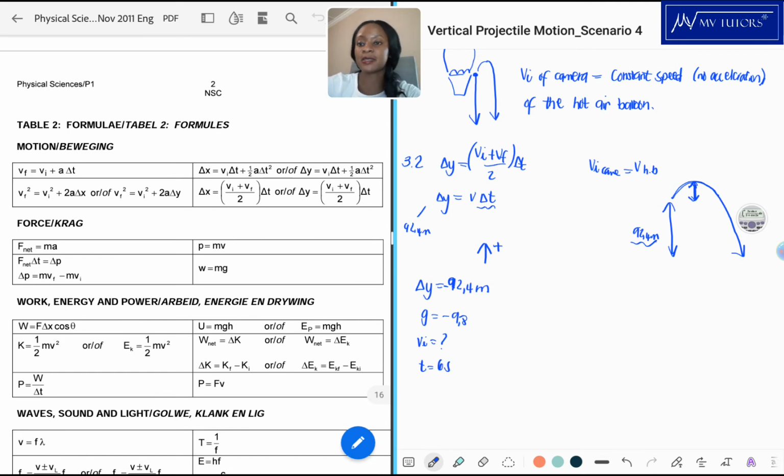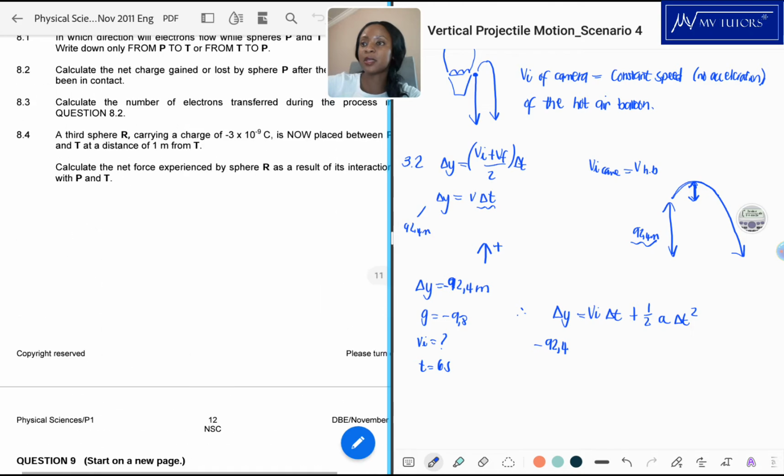we have 6 seconds. Okay, so we can use this equation where it says delta y is equal to initial velocity times delta t plus half a delta t squared. Okay, so because we're taking up as positive, and this camera is going to go down, negative 92,4 meters.